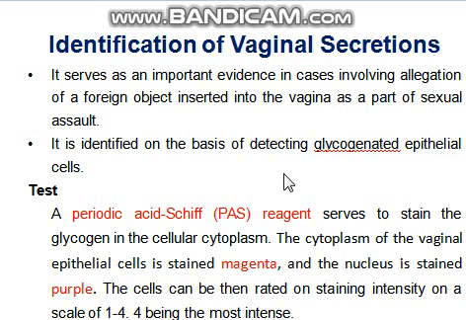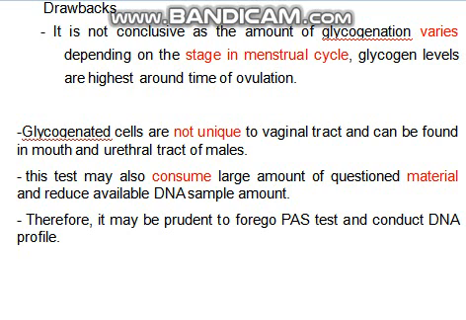Why? Because there are chances of having glycogen in other cells as well, as I told you earlier. Thus there are certain drawbacks of this staining method for glycogen. The first drawback is that the amount of glycogen varies in the vagina itself based upon the stages of the menstrual cycle.